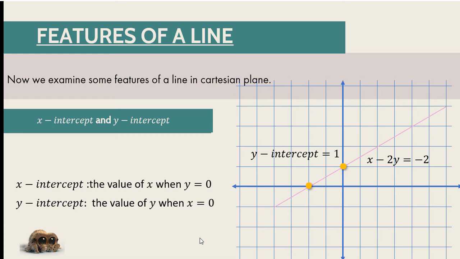So if we give x the value of 0, we can calculate that the value of y is 1. So 1 should be the y-intercept of the line. The x-intercept is -2.